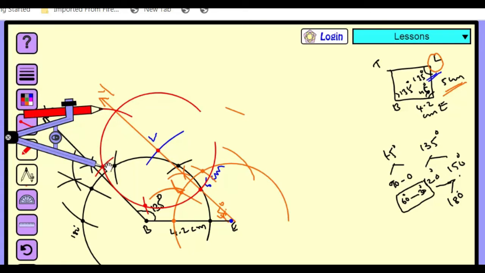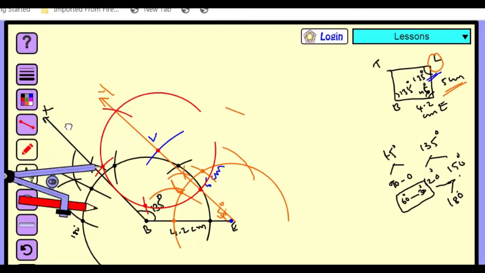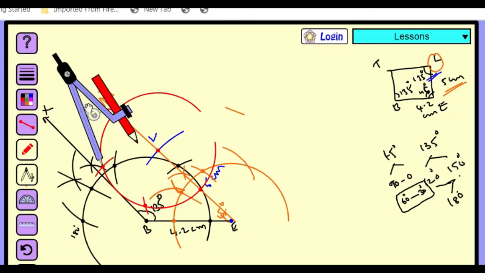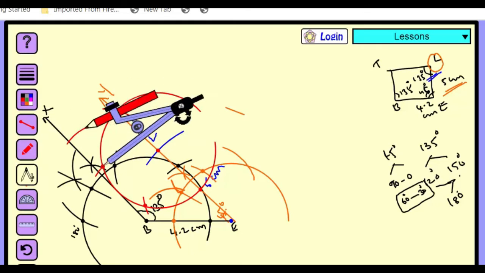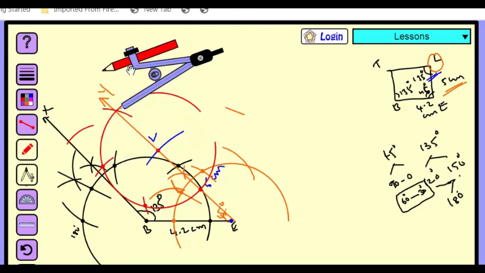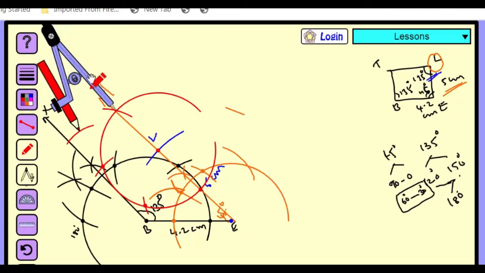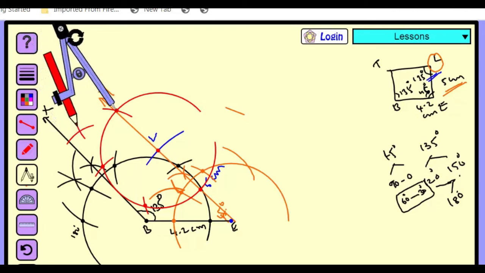Now we are going to bisect this 120 and 180. So you should take the compass radius more than half of the length of 120 to 180. Now 120 as the center, draw an arc here. Now 180 as the center, draw another arc which cuts the previous arc. This is 150.